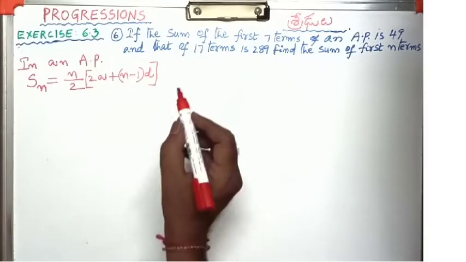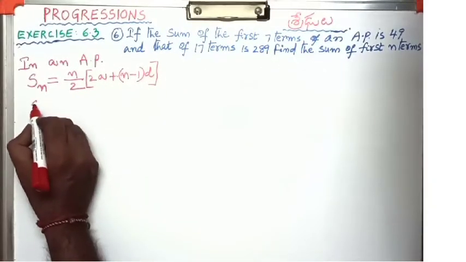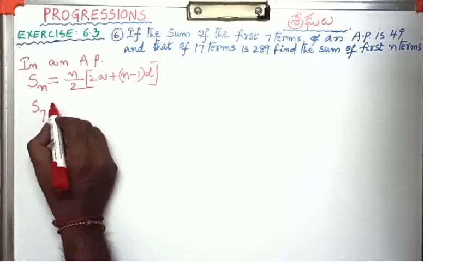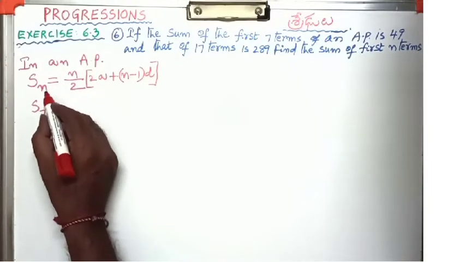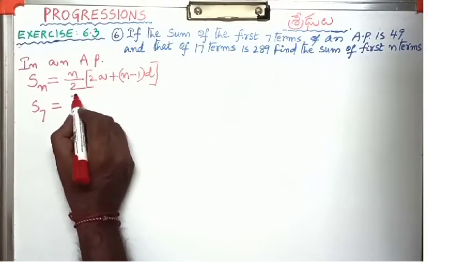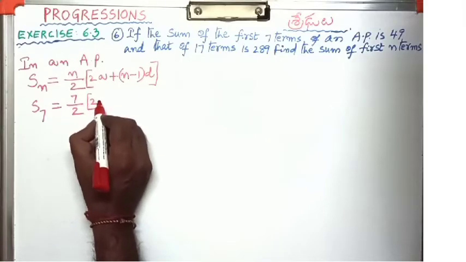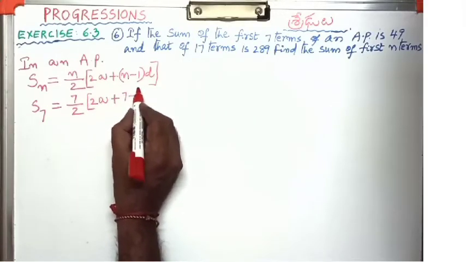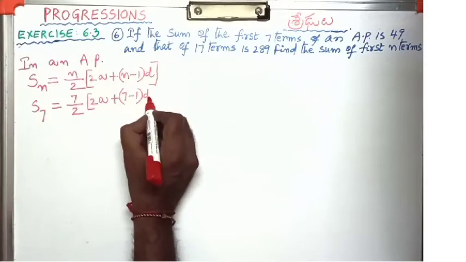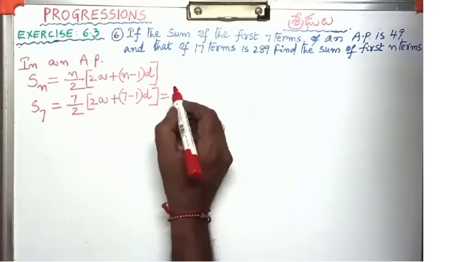Okay, so sum of the first 7 terms అన్నాడు. So S7 is equal to, now substitute 7 in place of n. So 7 by 2 into 2a plus n value is 7 minus 1 into d, that equals 49.